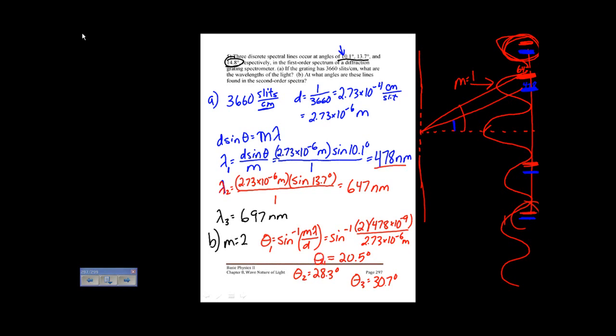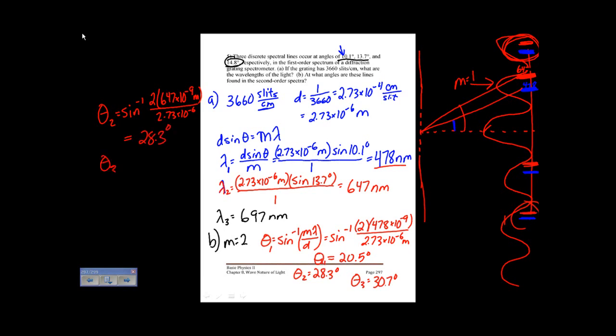That's theta 1. Actually, let me go ahead and write out theta 2, just in case you're not clear on this. So I'll write it over here on the left. So theta 2 is equal to the inverse sine of 2 times 647 times 10 to the minus 9 meters, divided by 2.73 times 10 to the minus 6. And so theta 2 is equal to 28.3 degrees.